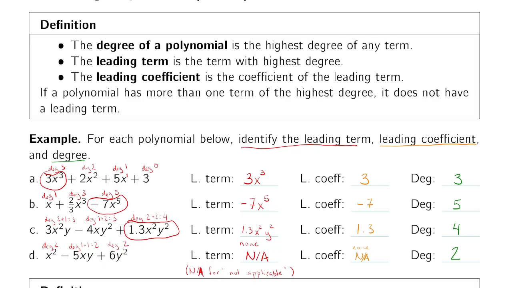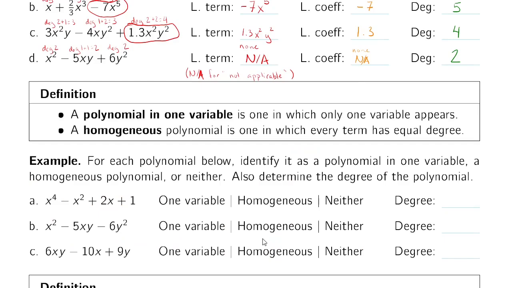Another way to describe the polynomial is based on how the variables appear. If only one variable appears in the polynomial, we say it's a polynomial in one variable. If several variables appear and every term has the same degree, we say it's a homogeneous polynomial.